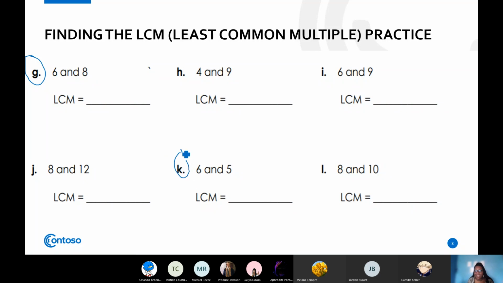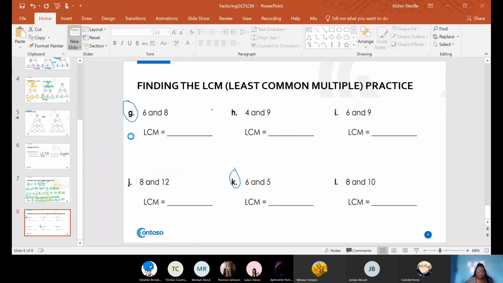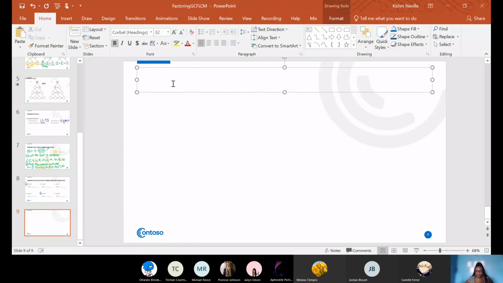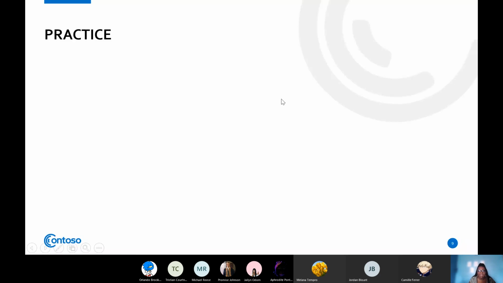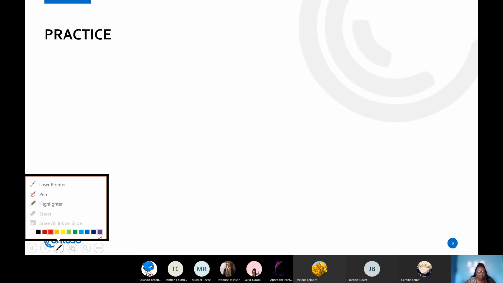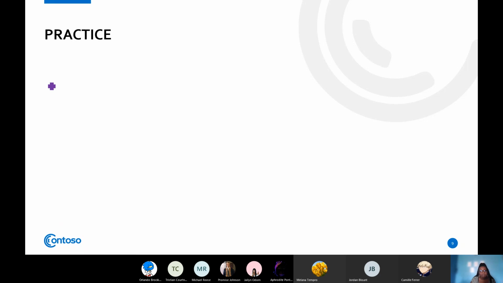Let's just do G and K together today. Go ahead and start listing the multiples of 6 and also list the multiples of 8. Remember, we're just counting by 6. We're just counting by 8.